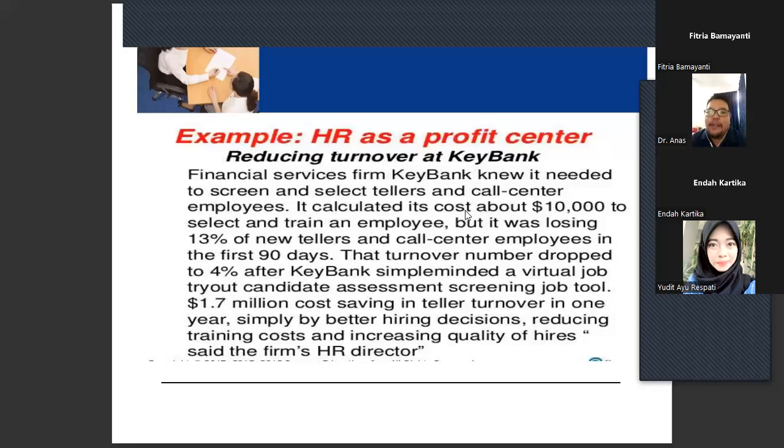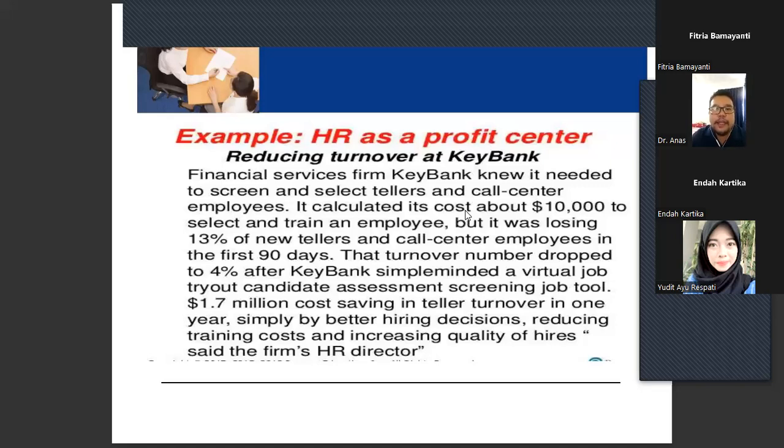Okay, simply a virtual job tryout, a candidate assessment. Okay, screening job tools. That means when the new staff are going through training. For example, the case study of KeyBank. KeyBank hires new staff, new employees, and trains them within 90 days.